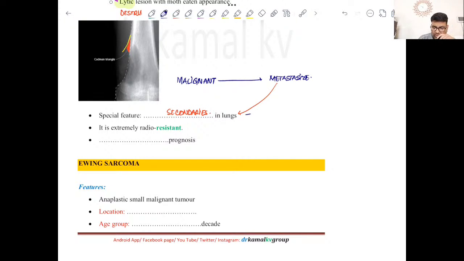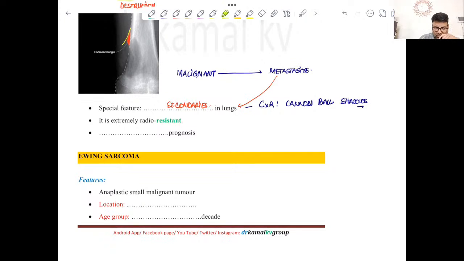If we take a chest X-ray here, it will show cannonball shadows. This is how we can check radiological evidence of metastasis. Now this is extremely radio-resistant, so the prognosis is very poor. Osteosarcoma, very poor prognosis.